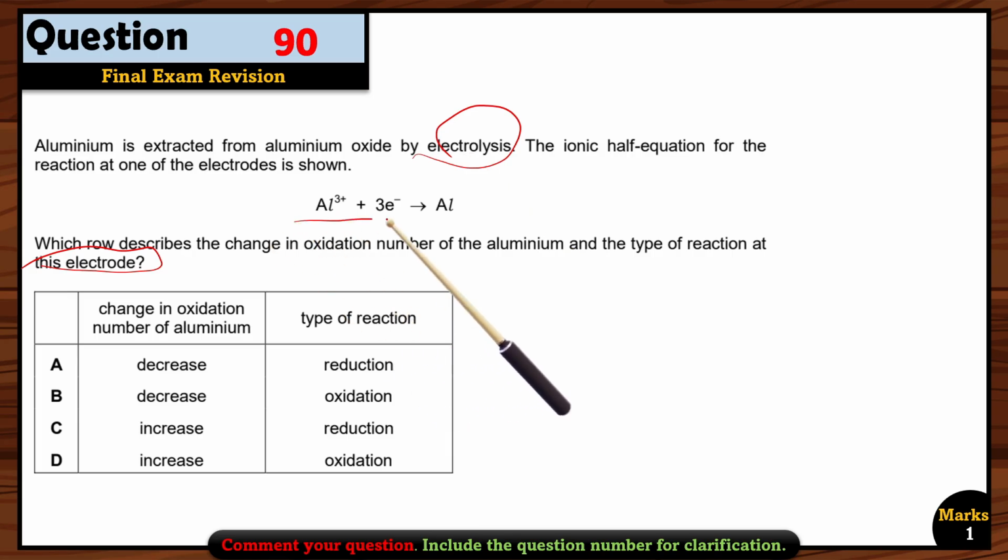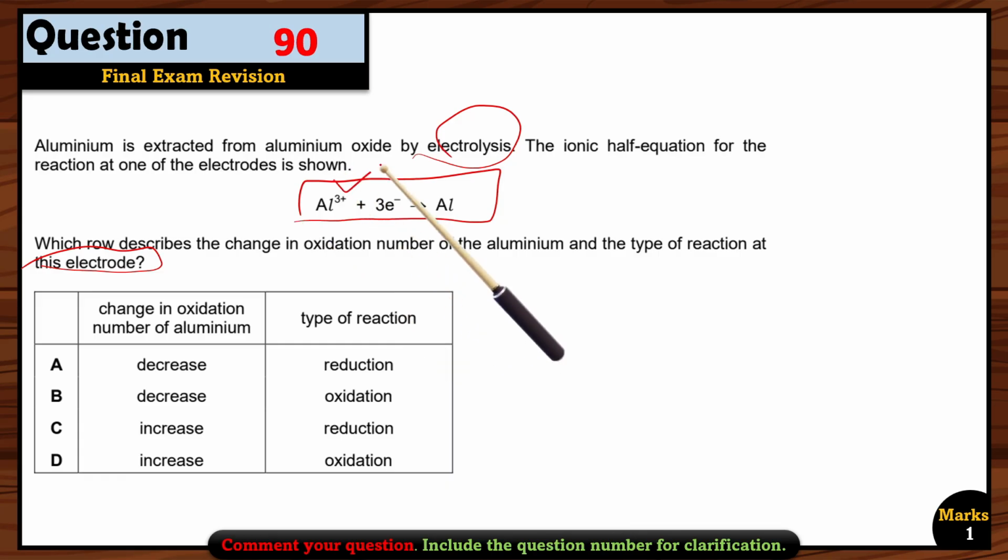So this reaction they have already given you, and you need to remember that before, the oxidation state of aluminium was 3+, right? It's simple, but here now aluminium is in the form of a metal. Now it is in element form, so now the oxidation state is 0. So the oxidation state was higher, it was 3+, now it is 0. So what does it mean?